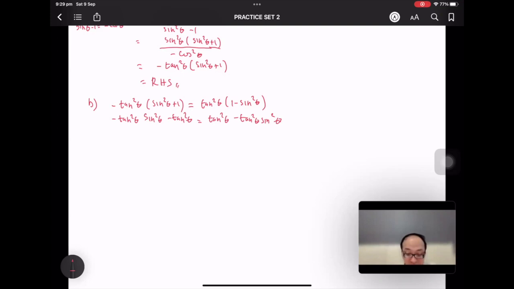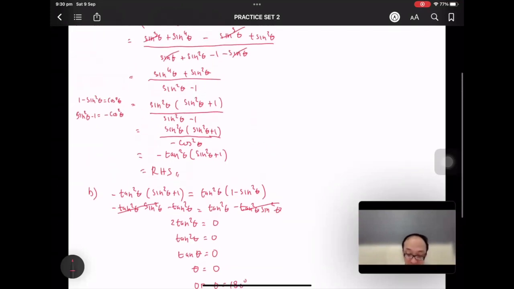So from here, this one can be cancelled out because of plus and minus. So I will have 2 tangent square theta equals 0. So that means tangent square theta equals 0, so tangent theta equals 0. And tangent is 0 when theta equals 0 or theta equals 180 degrees.